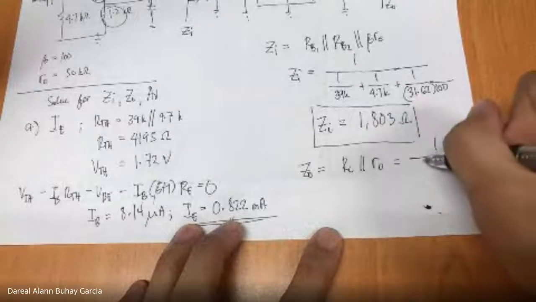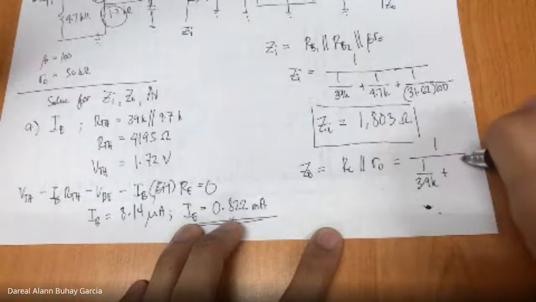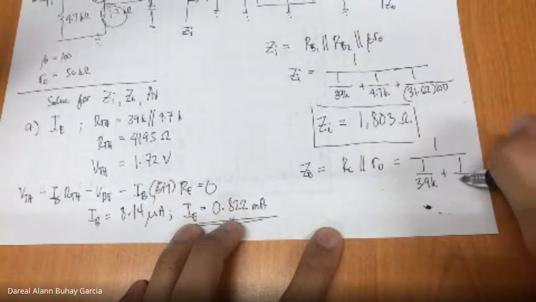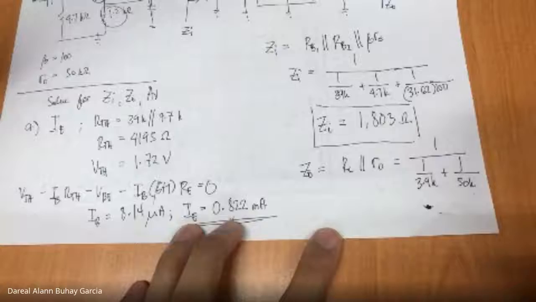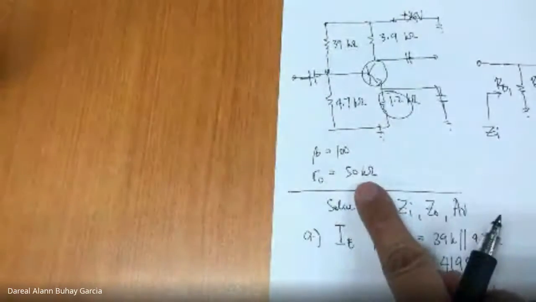1 over 3.9K plus 1 over 50K. Given man si RO, 50K. Si RC is 3.9K.